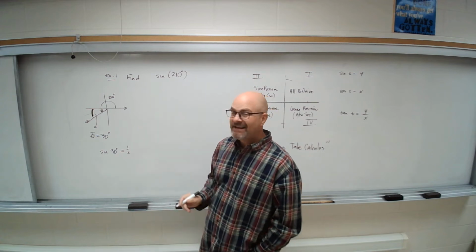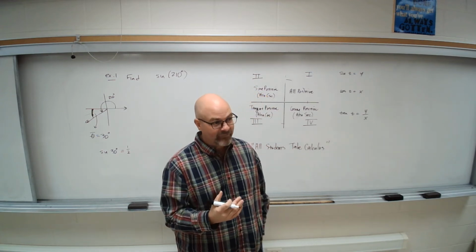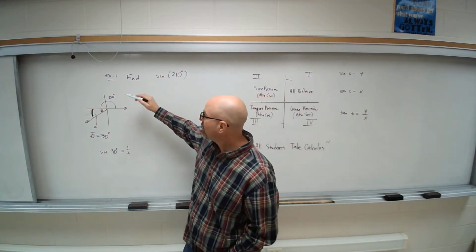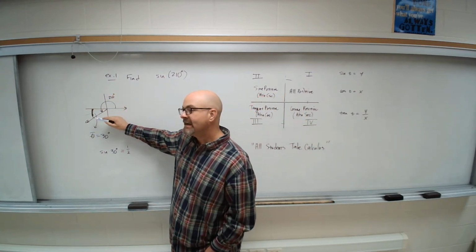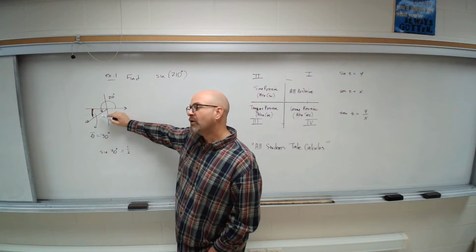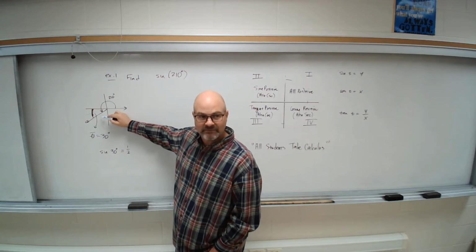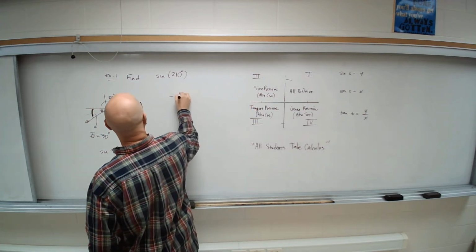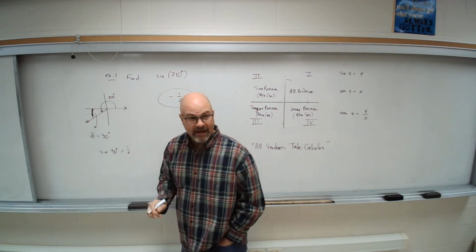So the answer is either going to be 1/2 or negative 1/2. I got a 50-50 shot at this point. But we remember all students take calculus. So in the third quadrant, tangent is positive. Sine's not. So that means our answer is negative 1/2.